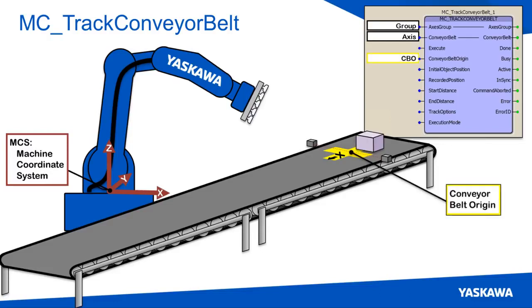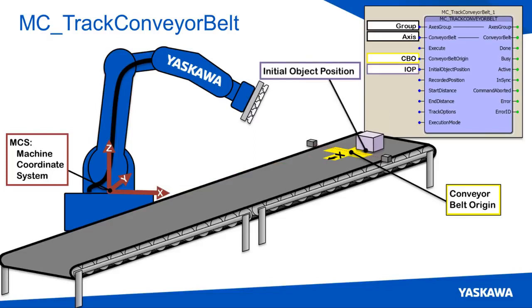In this particular case, I am showing it right under the sensor, in the middle of the conveyor belt. So we would put in some numbers to show us what that offset is between the machine coordinate system and the conveyor belt origin. That's in 6 degrees of freedom. It's a vector. We're going to show a practical example later that will put numbers on that, but in this case, you can see where it is.